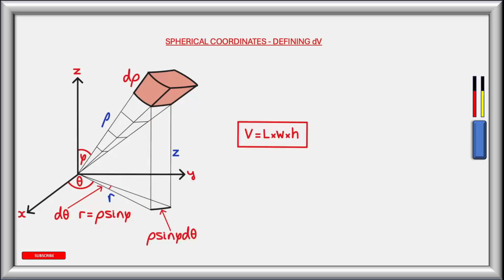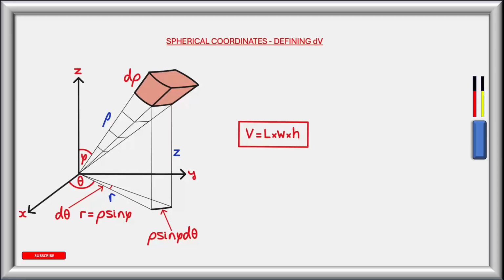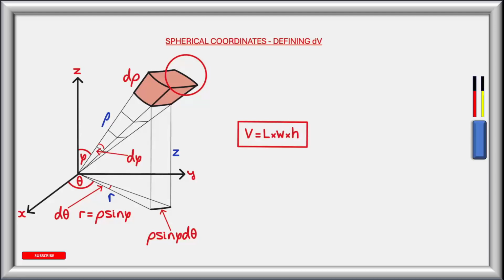The width dimension is therefore the arc length of a circle, which we know is the radius of the circle, in this case ρ sine phi, multiplied by the central angle, which is infinitesimally small, and in this case is d theta. And the length dimension of the rectangular box, circled here, lies along the arc of a circle, and this dimension is calculated by multiplying the radius of this circle, which we know is ρ, by the central angle, which is infinitesimally small, and in this case d phi.